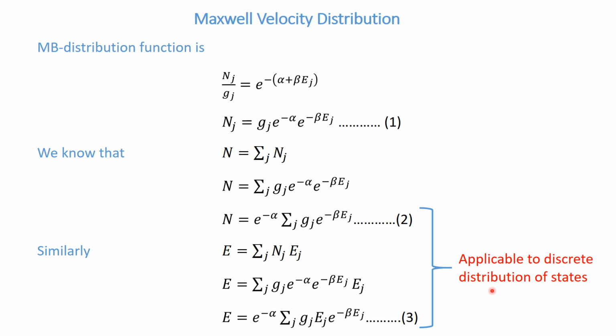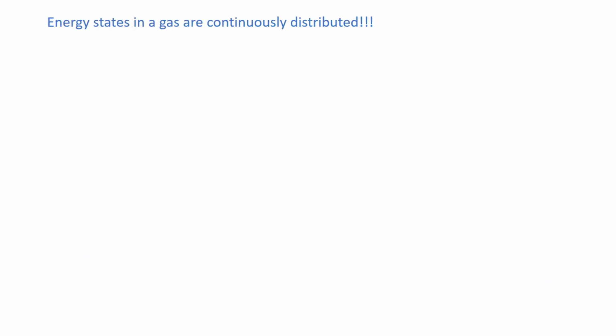Now keep in mind that all these equations are applicable to the discrete distribution of the energy states. And when we talk about a gas, the energies are continuously distributed. So we have to modify these equations so that they can be applicable to the continuous energy distribution. So we replace this Gj by Ge dE and the summation sign by integration.